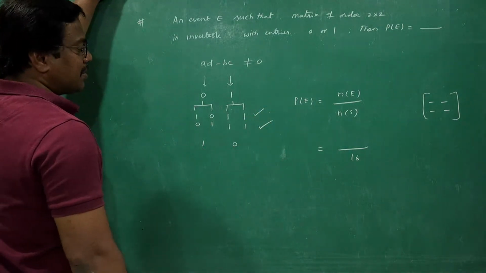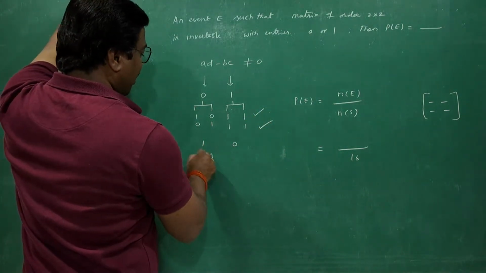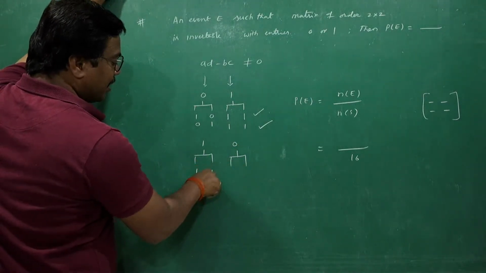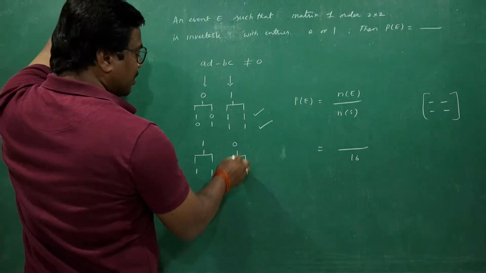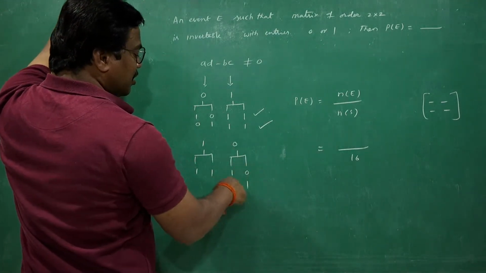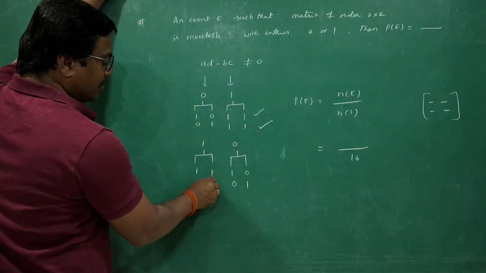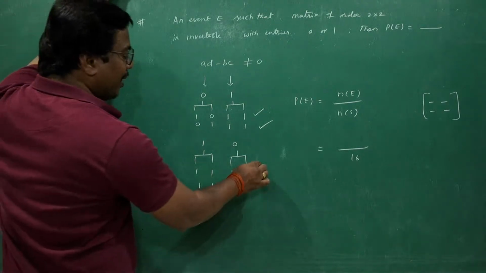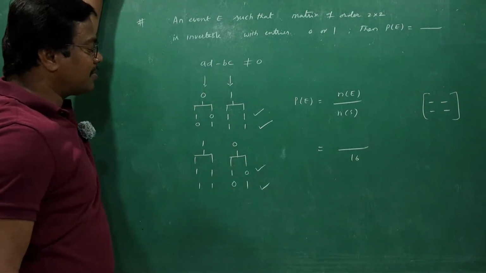So how many chances are there? The first 2 chances are over. Next similarly, if AD is 1 and BC is 0, you get 1 when both are 1. If one is 1 and the other 0, or here 0 and it is 1, in these 2 cases it becomes 0. So it is possible only when both are 1. So total how many favorable outcomes are there?